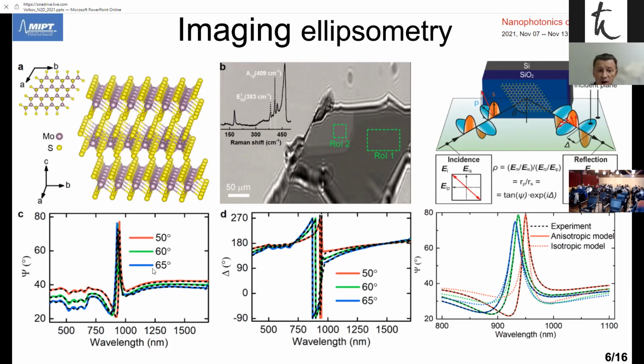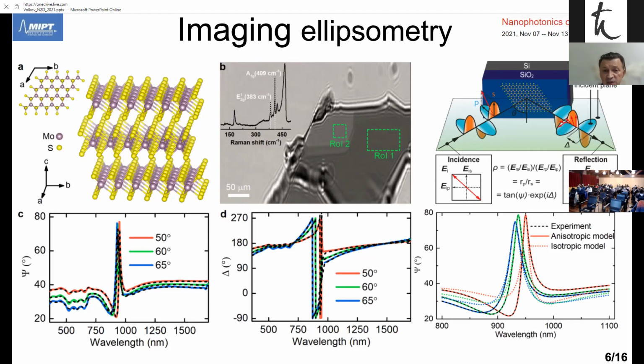For our particular result, these peaks are obtained at wavelengths around 850 nanometers. So already from the shape of this peak, it's clear that we are dealing with a material which is characterized by a large difference. So we don't even need to do any additional modeling of the experimental curve.